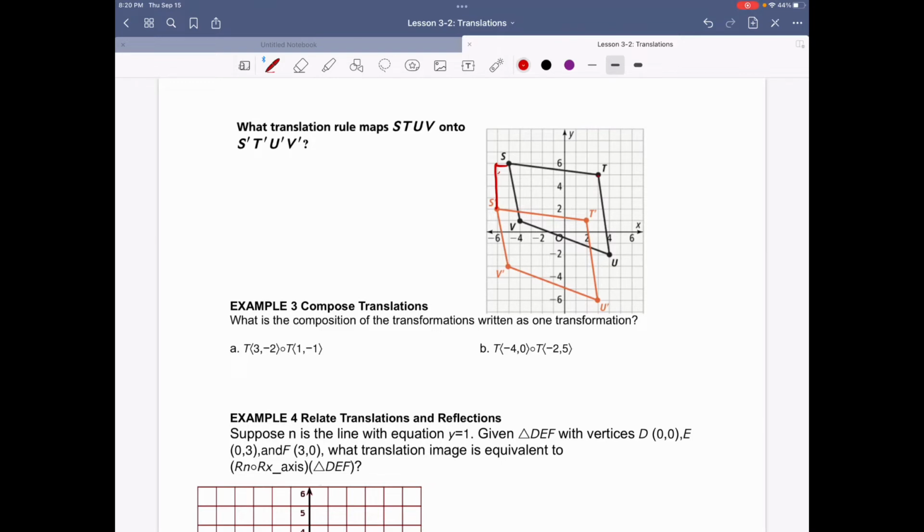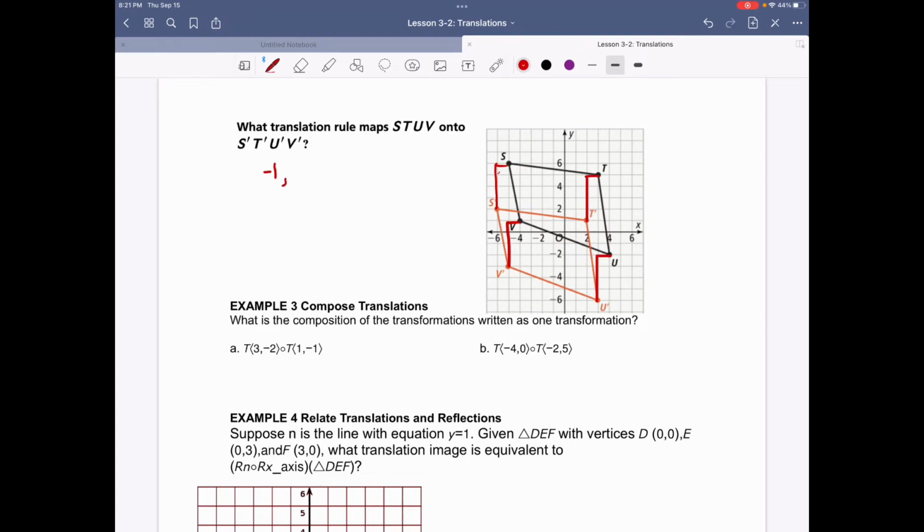Let's see if that works for all of the points. We start at T, we go left 1, down 4. For U, we go left 1, and we go down 4. For V, we go left 1, we go down 4. So how do we write that as a translation rule? Left or right is our first number, so left would be a negative.